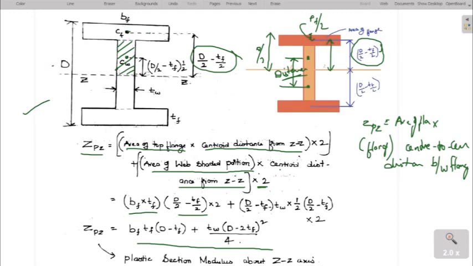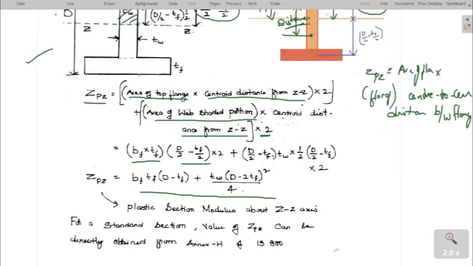If BF is some numerical value, you will get a numerical value when you calculate this. Of course, you need not calculate this plastic section modulus all the time. For the standard sections, you can get it from Annex H of IS 800. But sometimes for built-up sections, which are not standard rolled sections, you may have to find this.